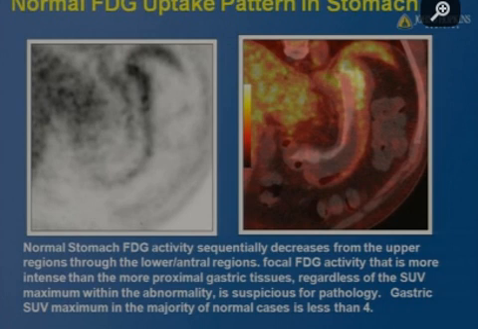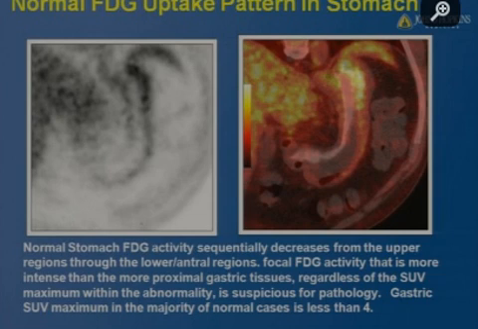Important to know that normal gastric wall has increased FDG activity, okay, but there is a different pattern of normal FDG activity in the stomach. In this patient, in the coronal reformat images, and on the right fusing to the CT images, we see the activity more in the proximal gastric body and fundus of the stomach, with gradually tapered activity distally. This is the normal pattern of activity.